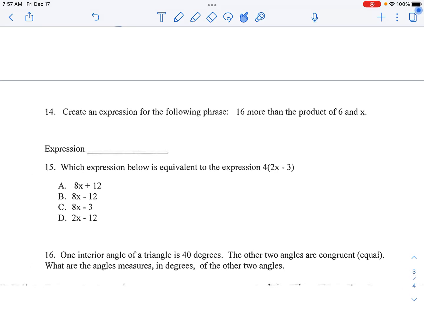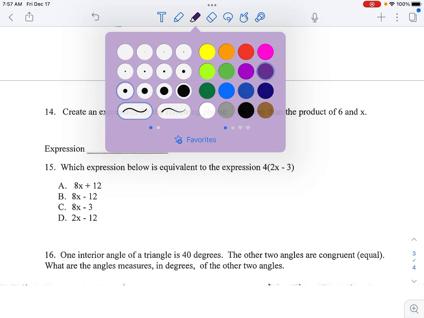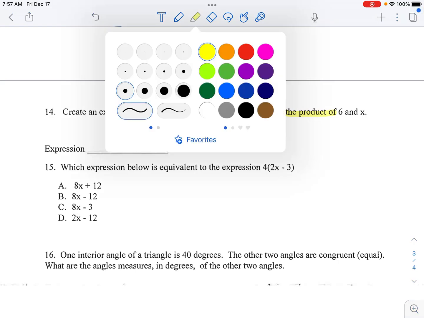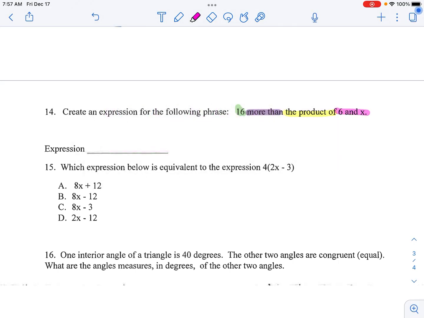Create an expression, write a problem, for the following phrase. 16 more than the product of 6 and x. So I see a 16. I see more than the product of 6 and x. Okay, so 16, we know more than means plus.